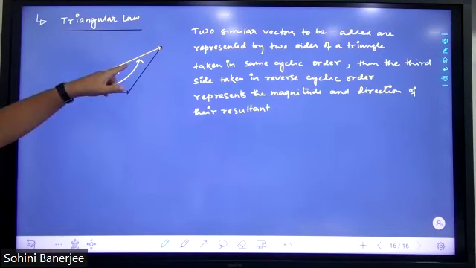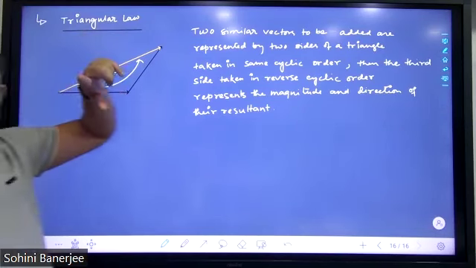Two vectors in the same cyclic order, closing side in the reverse cyclic order.